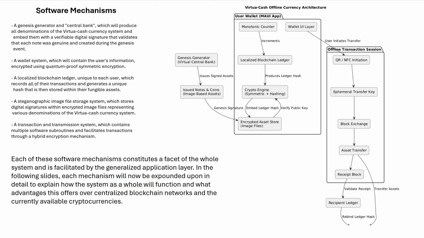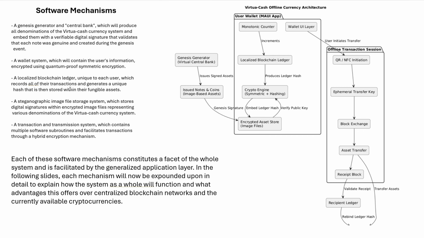We're just going to look at the major software mechanisms here. As I mentioned, there's a Genesis generator and central bank, which will produce all denominations of virtual cash currency and embed them with a verifiable digital signature that validates that each note was genuine and created during this Genesis event. There's a wallet system, which will contain the user's information encrypted using quantum-proof symmetric encryption.